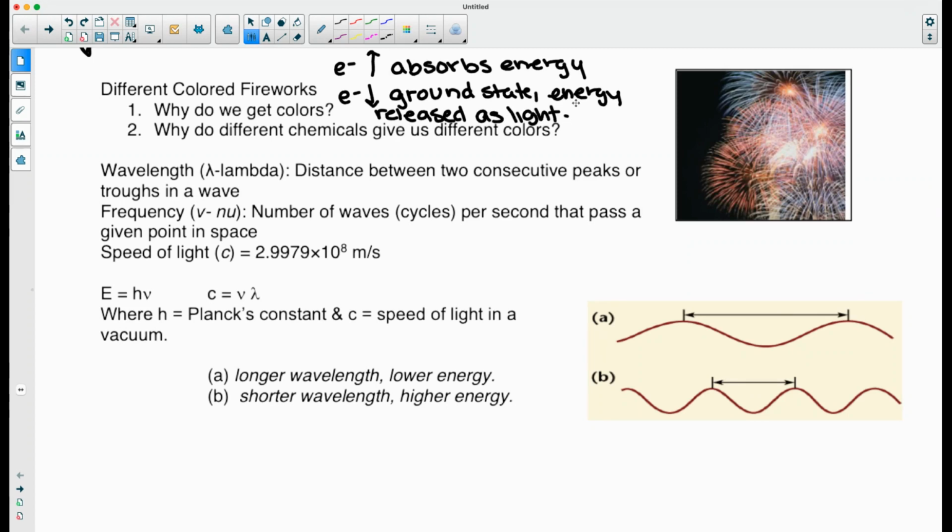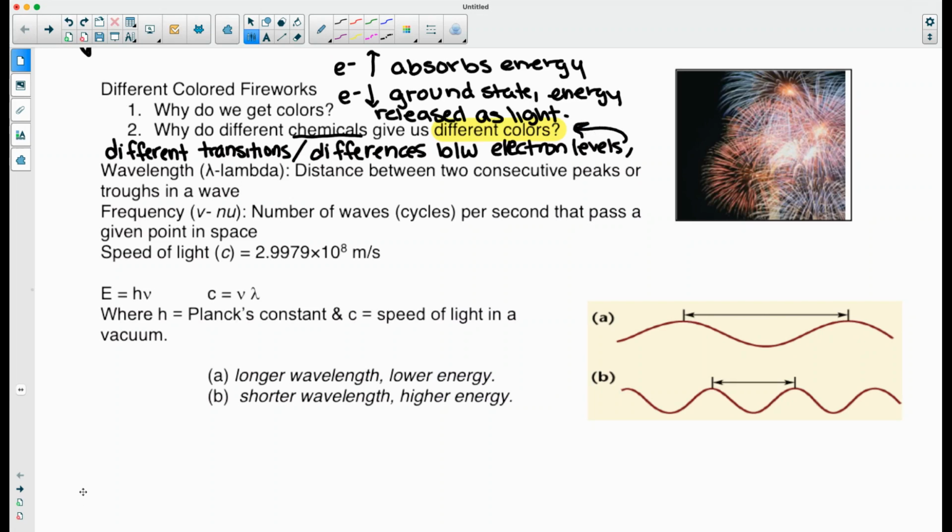Since electrons in different chemicals are moving different distances, with different transitions and different differences between the electron levels, different colors of light are given off because different amounts of energy are given off.